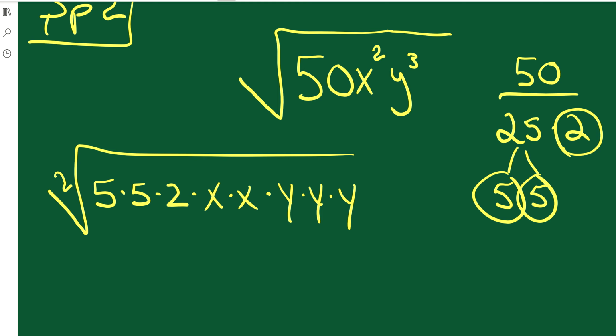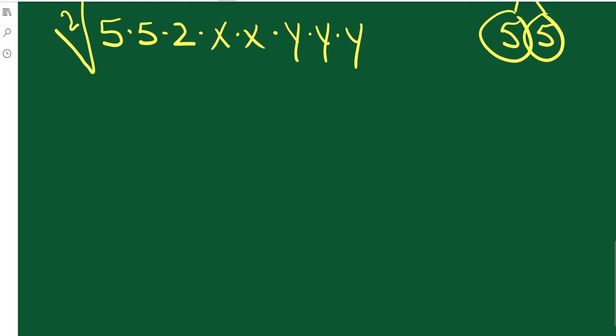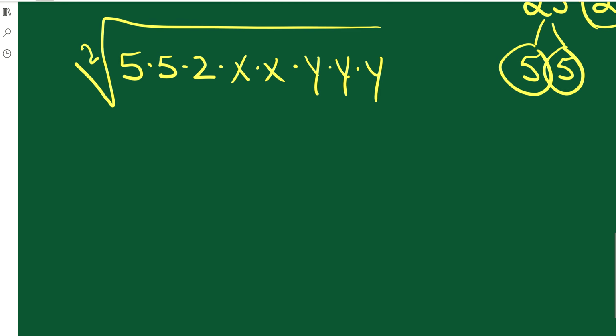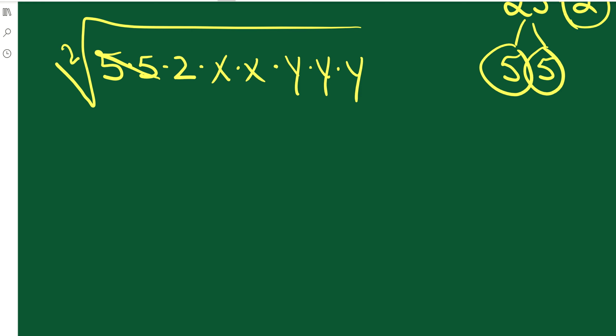I know it's 2. For every 2 of the same number, I'm taking 1 out. I've got two 5s, so 1 comes out. I only have one 2, so that's going to stay inside. I have two x's, so 1 comes out. And over here, I've got 3 y's, and 1 pair comes out as a single y.